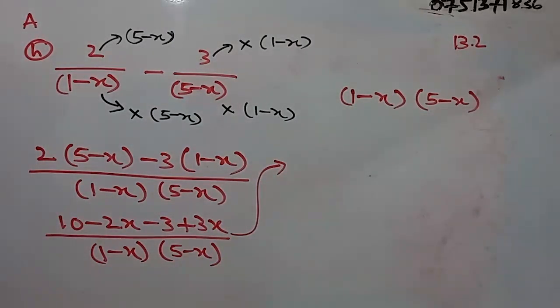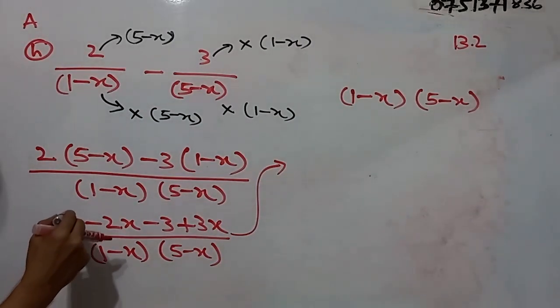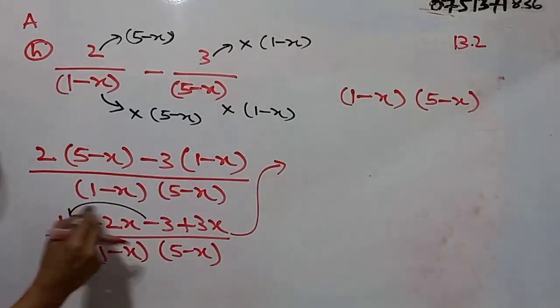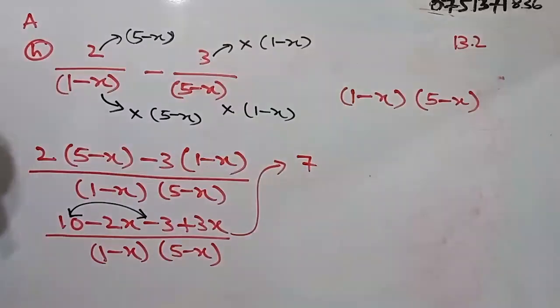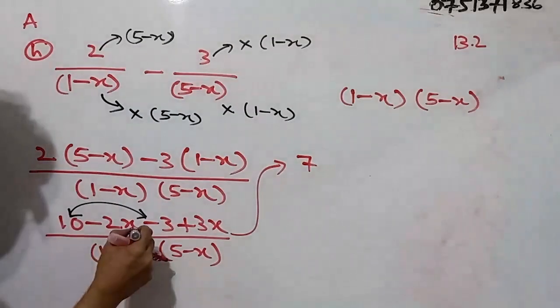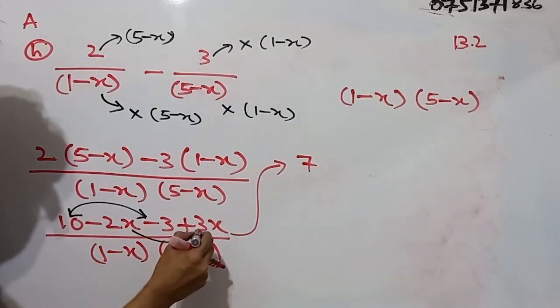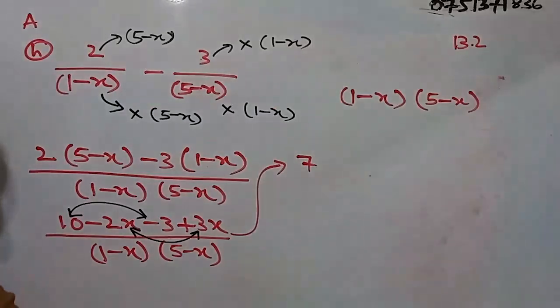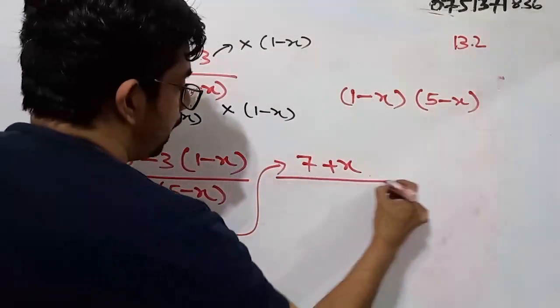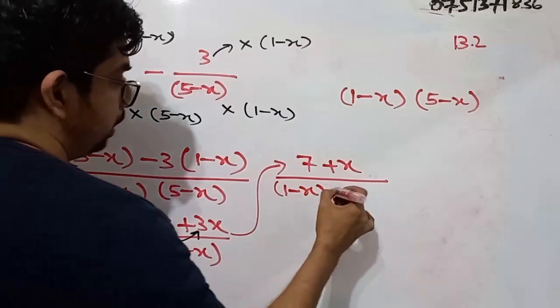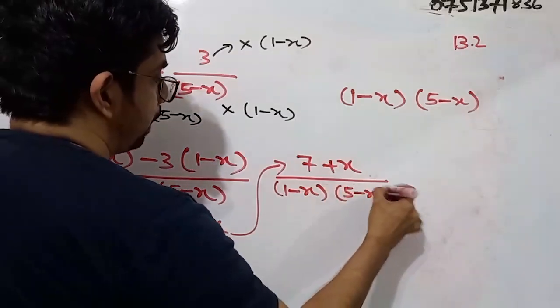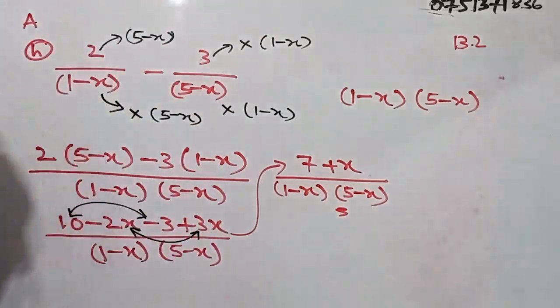So we can simplify this a bit more. Right? So we can simplify these two numbers. Okay. So 10 minus 3. What should be the outcome? 7. Then 2x and 3x. Right. So what should be the outcome? So the entire expression needs to be divided by what? 1 minus x and 5 minus x. So this should be the answer.